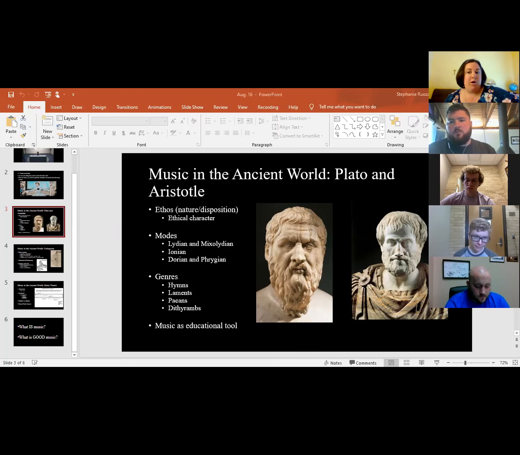So if each mode has an effect on humanity, then each of these musical genres would also have a corresponding effect on humanity. So a hymn being something sacred, maybe I'm going to use my Ionian mode so that it's very soft. If I've got a lament, then I'm probably going to use my Lydian or Mixolydian because it's dirge-like.